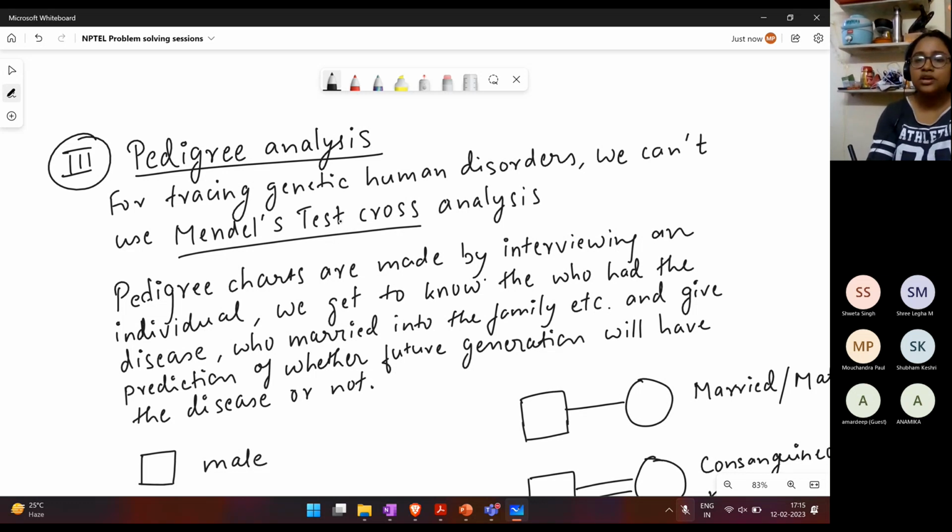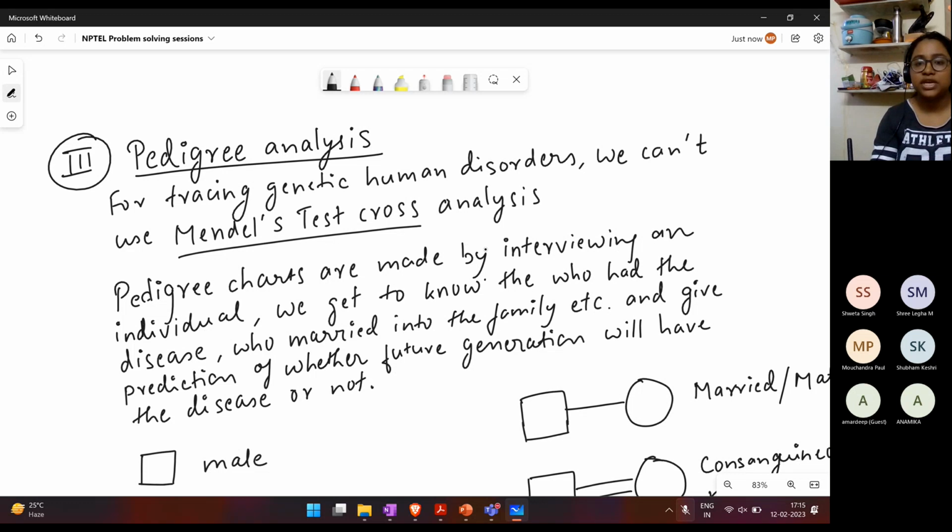But we can't do that when we are studying genetic disorders in humans. What we can do is understand the pattern of how the phenotype is getting passed on.